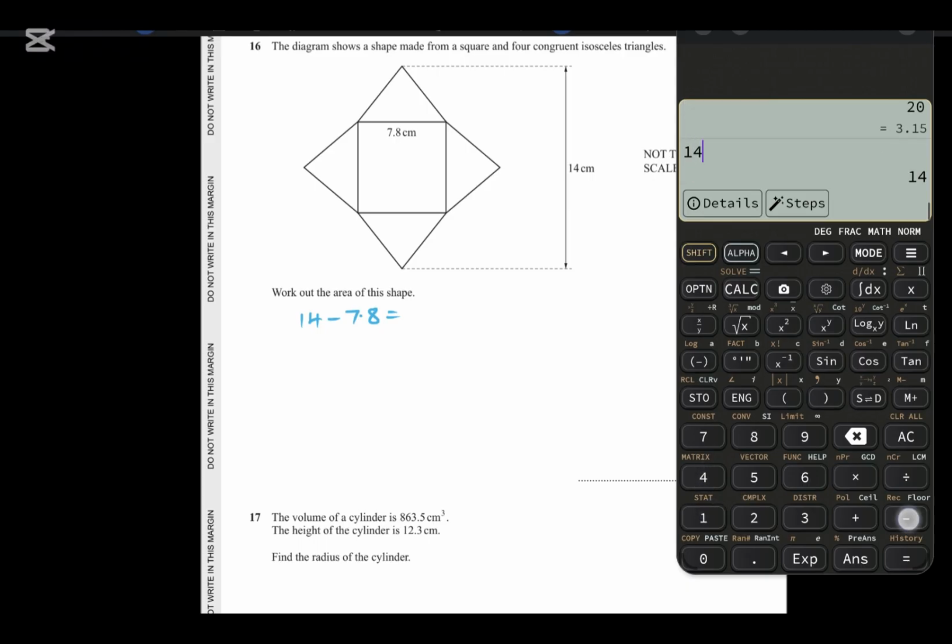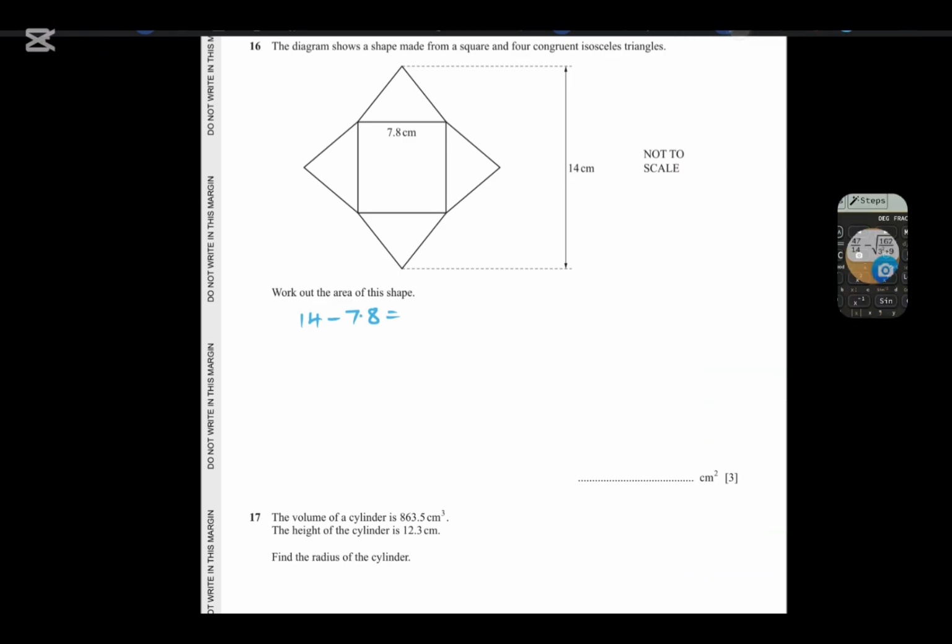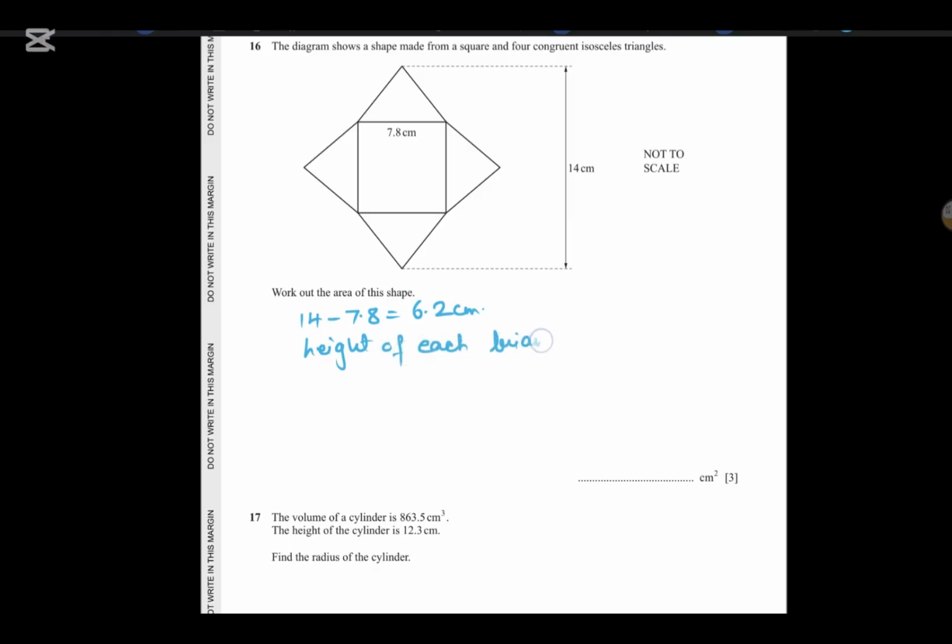So 14 minus 7.8 is 6.2. 6.2 is the remaining length left out. Now height of each triangle is equal to 6.2 divided by 2. That will be 3.1 centimeters.